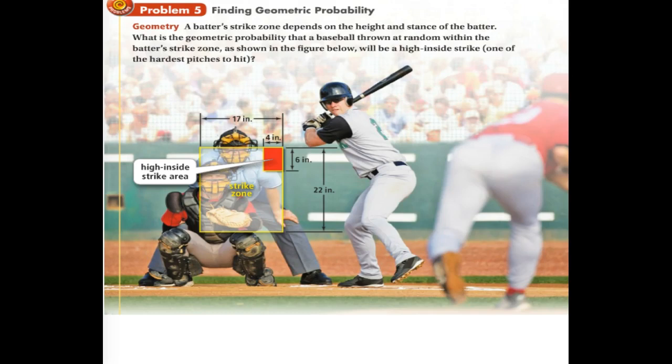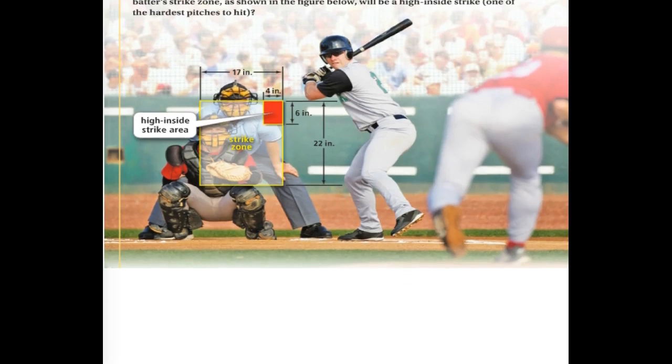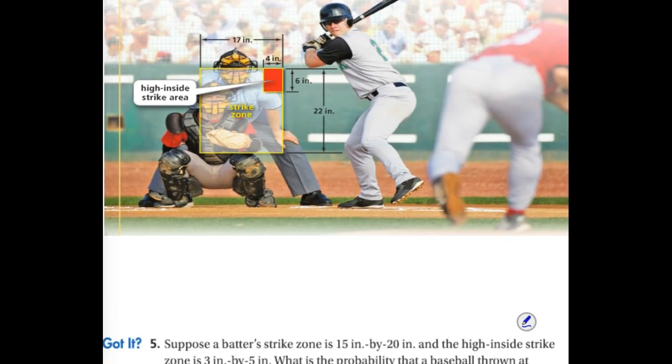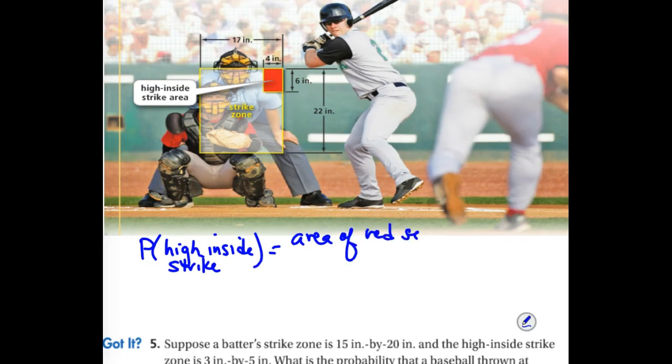Does that make sense? Okay. So we need the area of the red section compared to the total area of the strike zone.